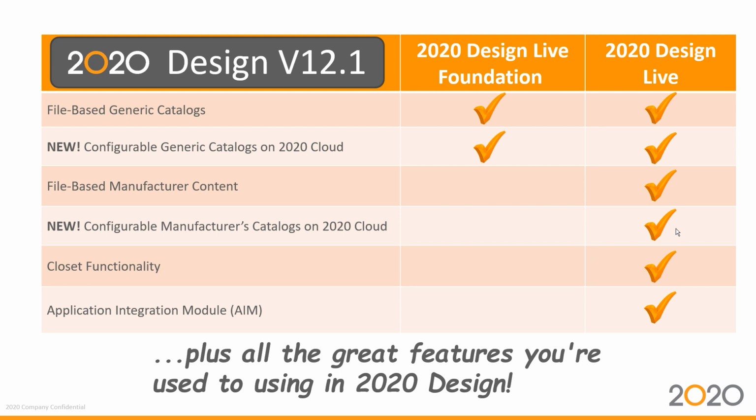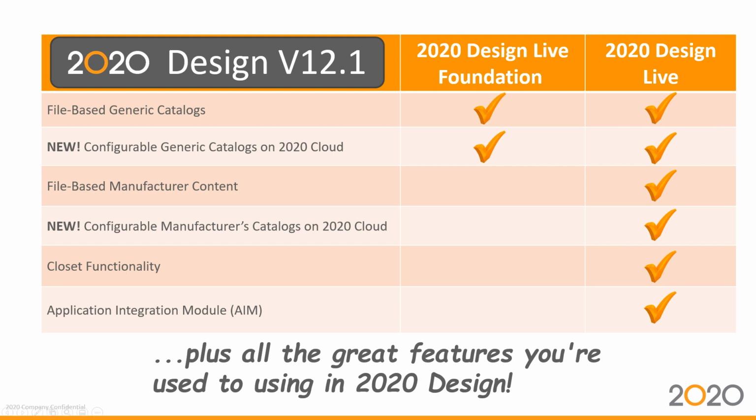Along with 2020 Design Live, we've also bundled in two extra functionalities, namely the closet. If you're familiar with the closet suite of 2020 Design, you'll be able to use the flex capability to enter your items through panels and configure your closet space more intuitively.